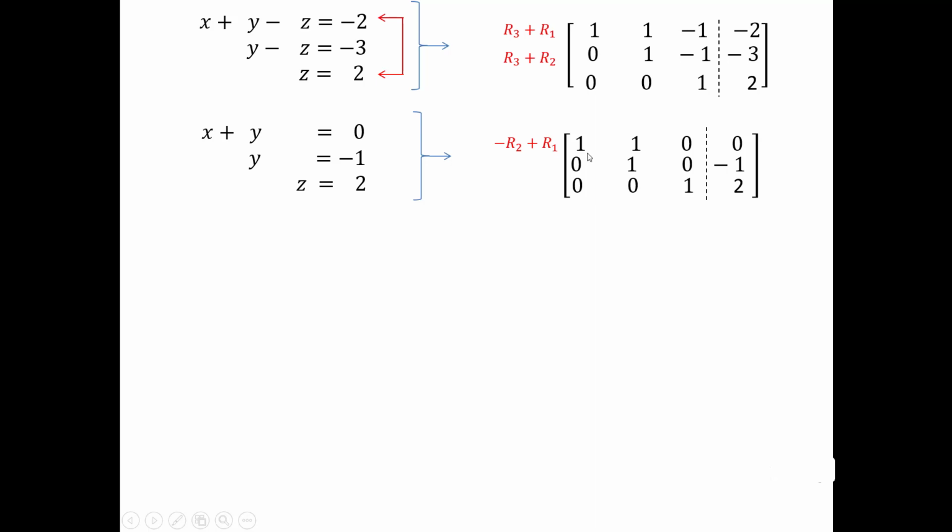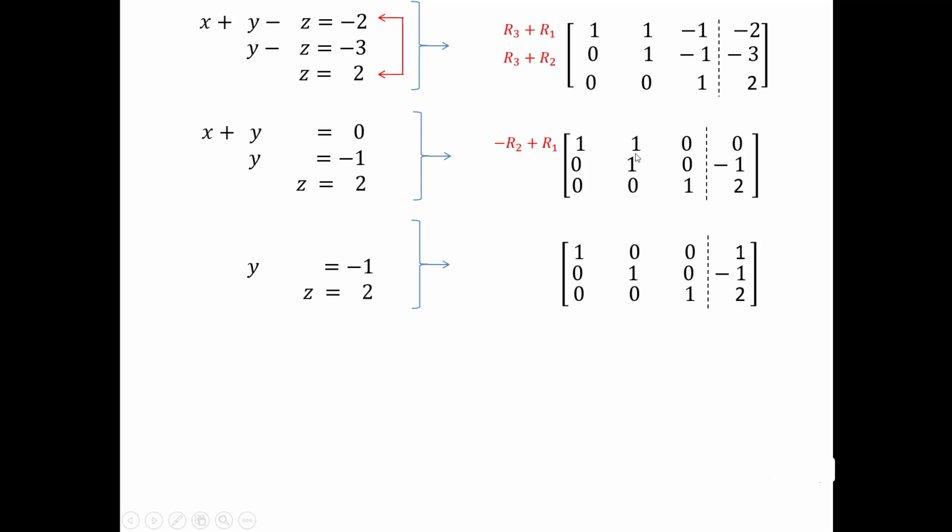My last goal here is to turn 1 into 0 in order to cancel out these y's. So what do I do? I simply multiply 1 in the second row by a negative, so that when I add them together, that will now be 0. So we say negative row 2 plus row 1. So we change the sign of row 2, one term at a time, and then we add it to row 1. So we can already see the bottom two rows stay the same. Negative 0 is 0, plus 1 gives me 1.